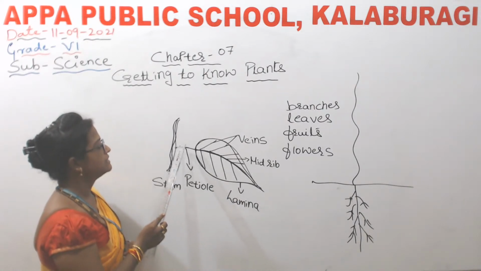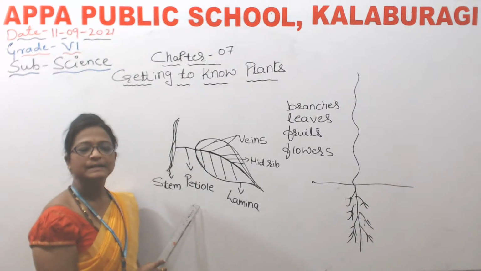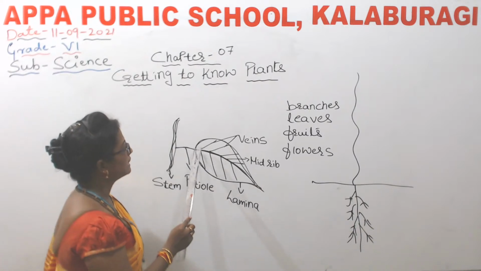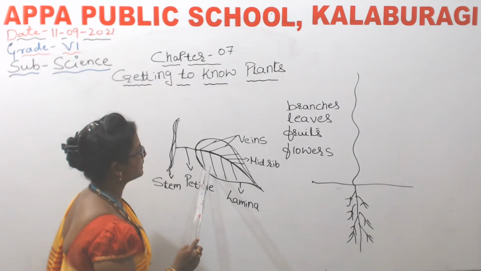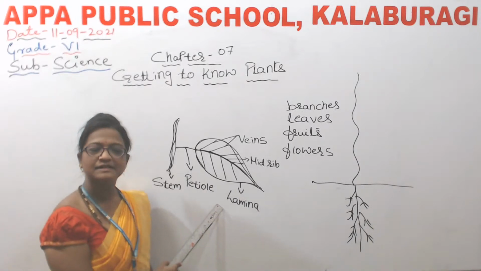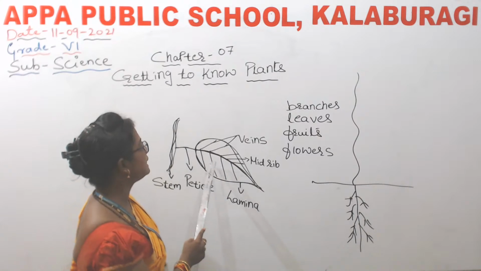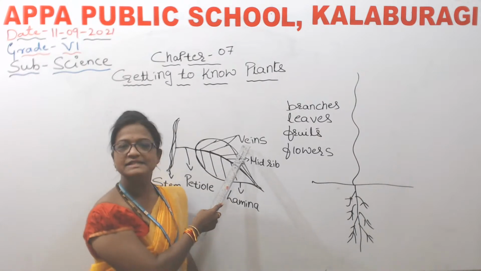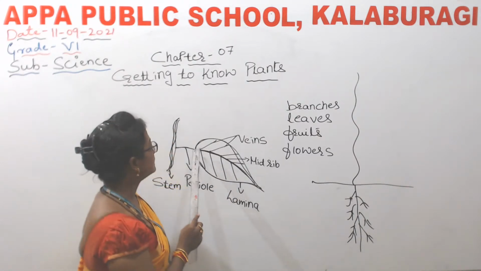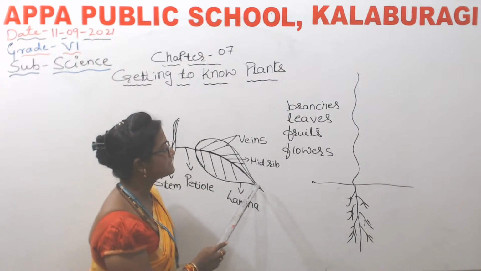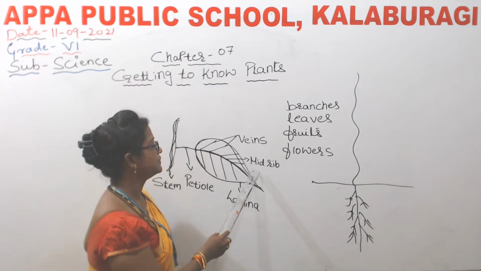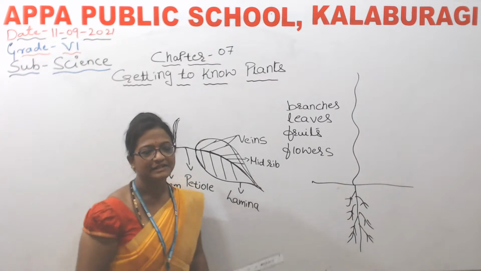So this part is known as petiole. A broad green part of a leaf is known as lamina. These small lines which are present on a leaf are called veins, and the thick vein which is present in the middle of a leaf is known as mid-rib.